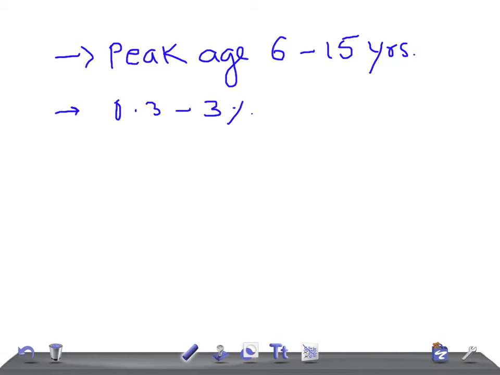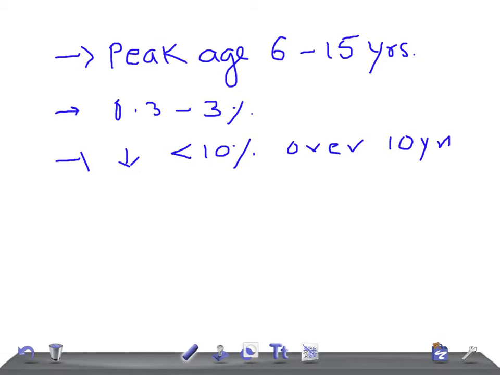The recurrence rate decreases to less than 10% over the 10 years. So as the child grows, the risk of developing rheumatic fever in future is low. But the peak age group ranges from 6 to 15 years.